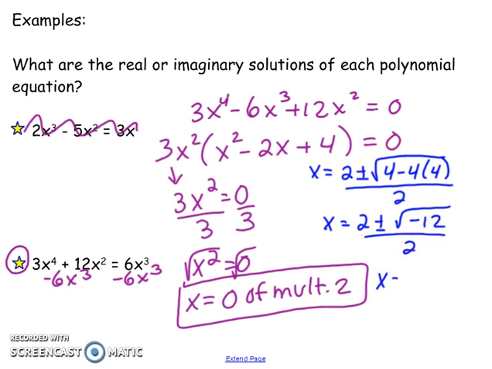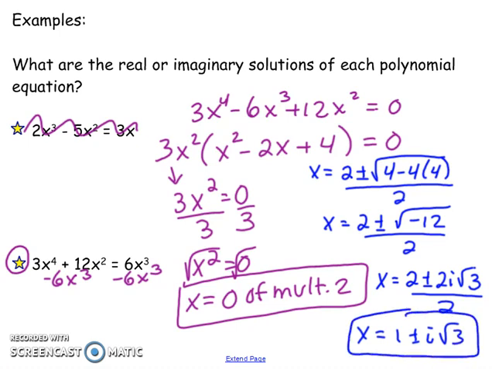I'm going to break down my negative 12. So 12 is 2 square root of 3, and then I'm taking out the i as well. So 2i radical 3 over 2. And then everything can be divided by 2. So 1 plus or minus i radical 3.